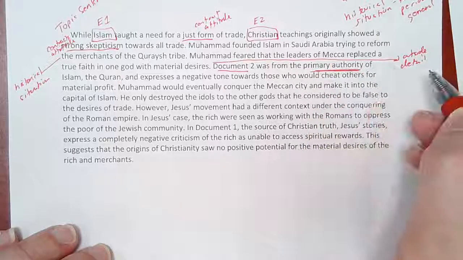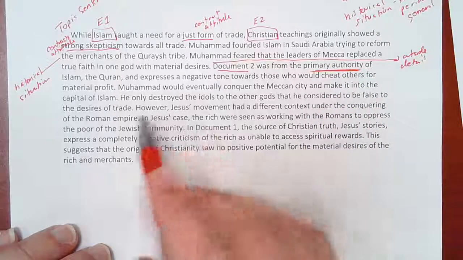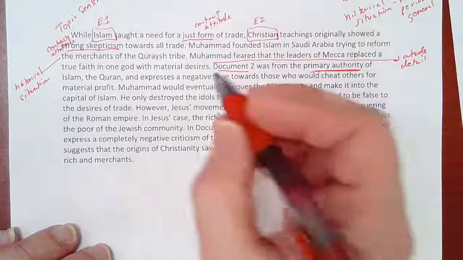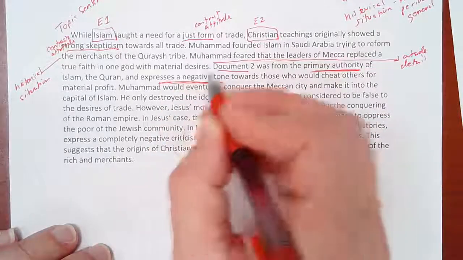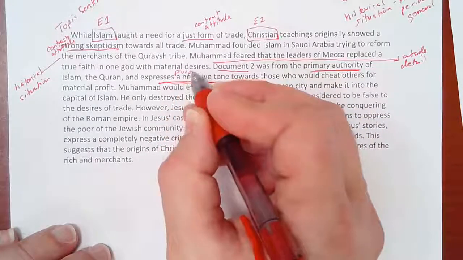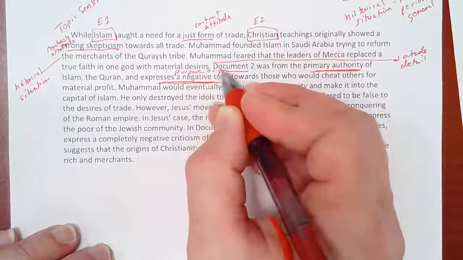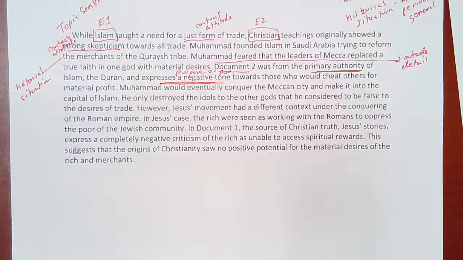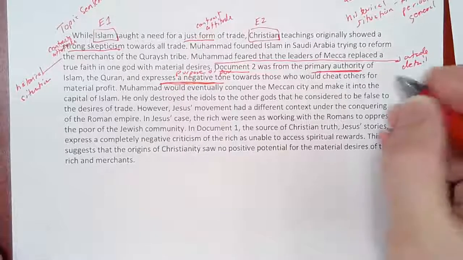After that, I point to the attitude or purpose: it expresses a negative tone. So here we have a clear notion of purpose or point of view. Muhammad would eventually conquer the Meccan city and make it the capital of Islam. Here again, we have historical situation.